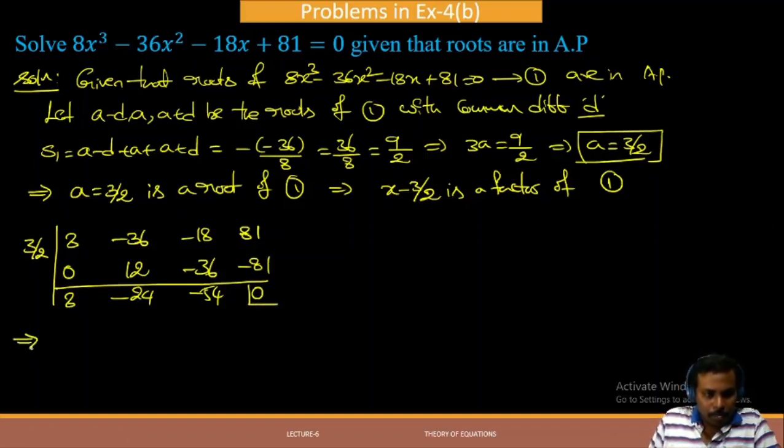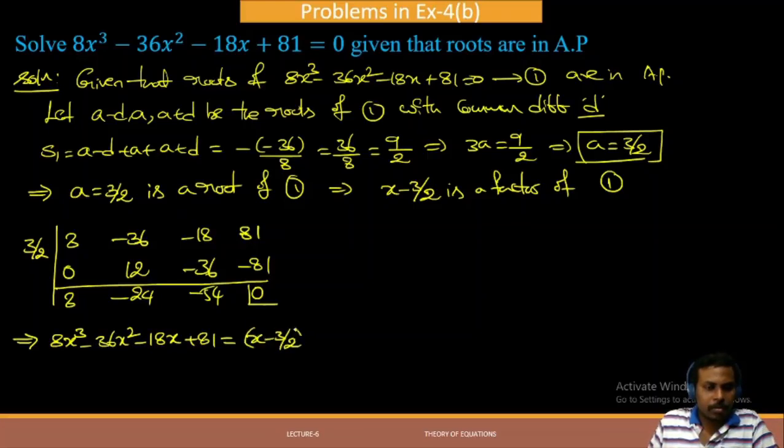So this implies 8x cube minus 36x square minus 18x plus 81 is equal to x minus 3 by 2 into 8x square minus 24x minus 54.